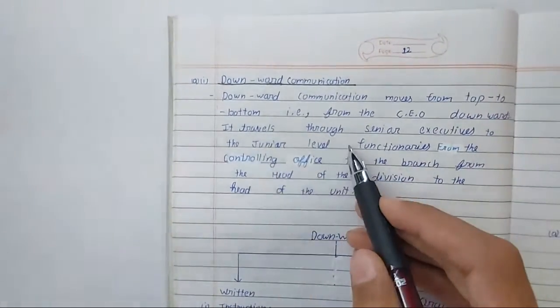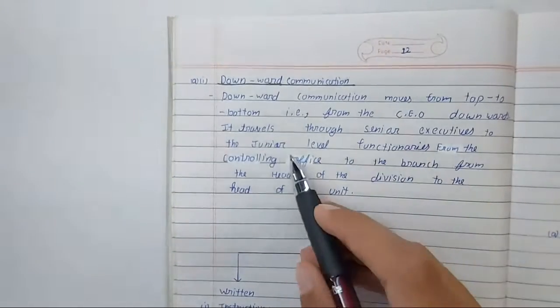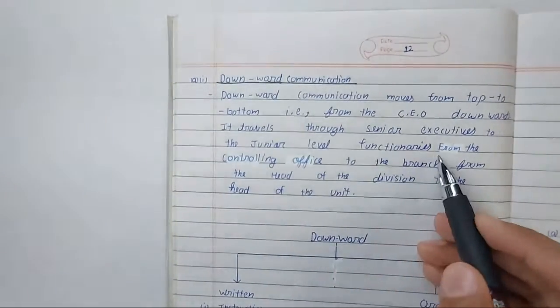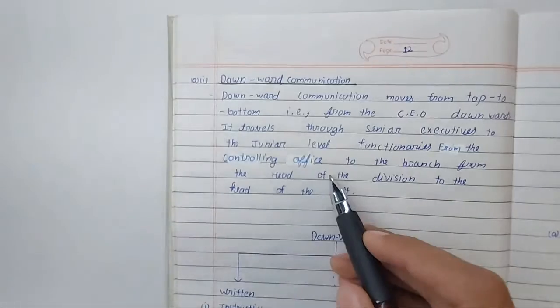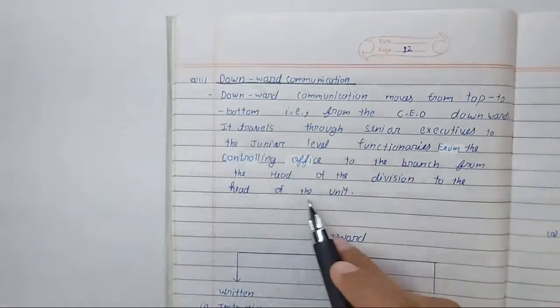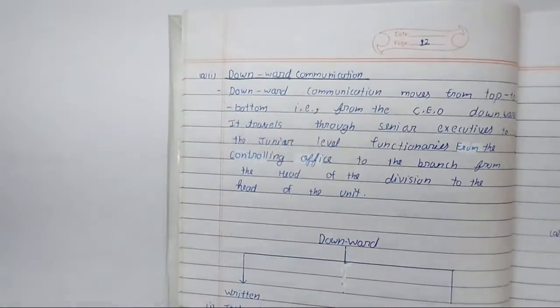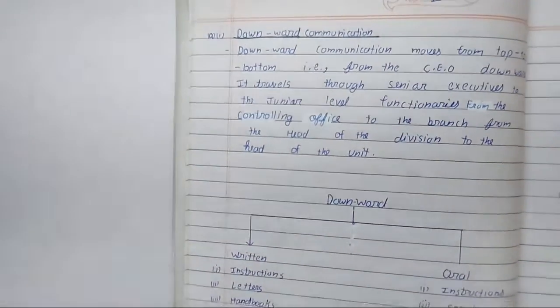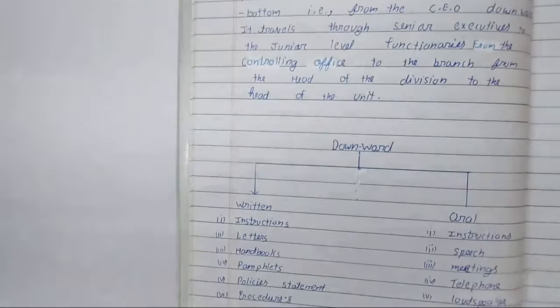It travels through senior executives to junior level functionaries, from the controlling office to the branch, from the head of the division to the head of the unit. Downward communication may be written or oral.